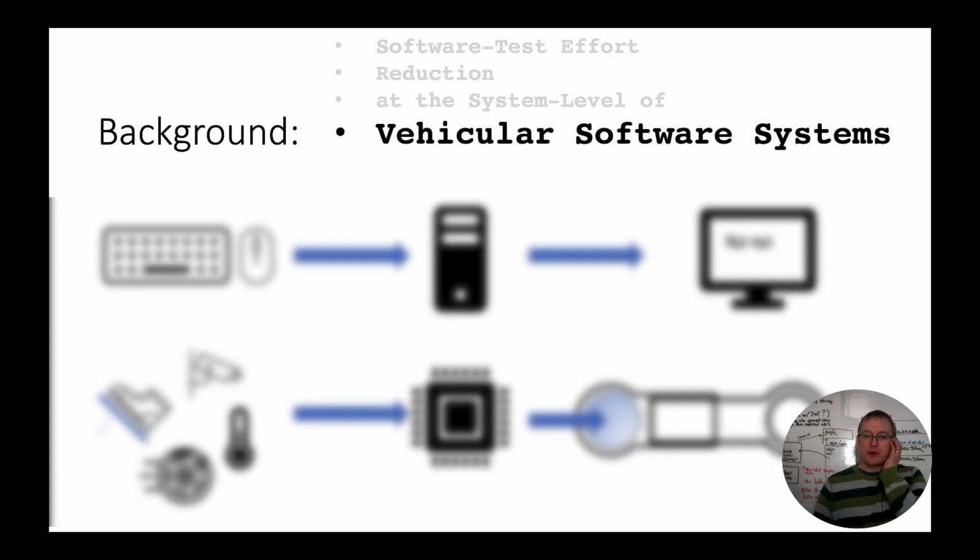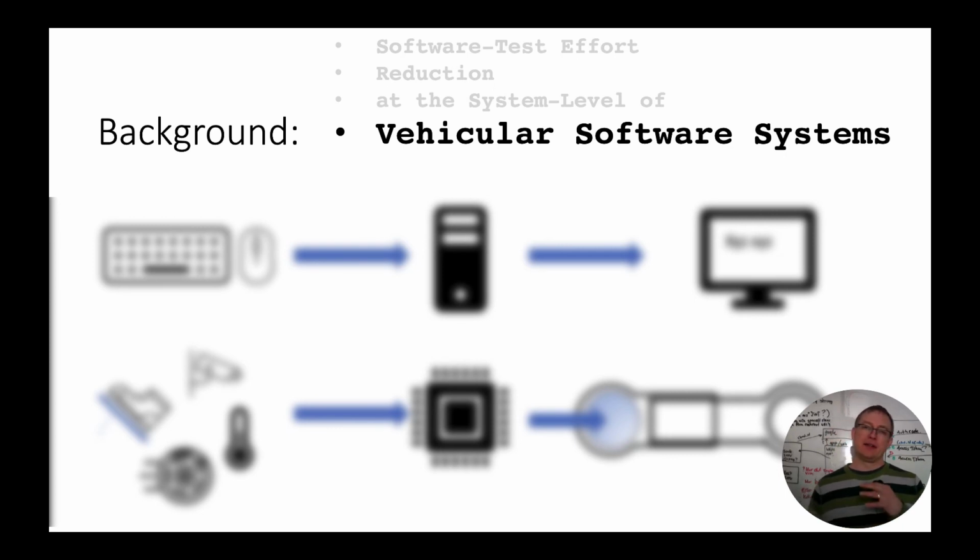So the last word in the title would be the vehicle software systems. So what is that? In short, a vehicle software system is a program that runs in a car or in a train. And it differs in some way from Word or PowerPoint that you run on your PC.